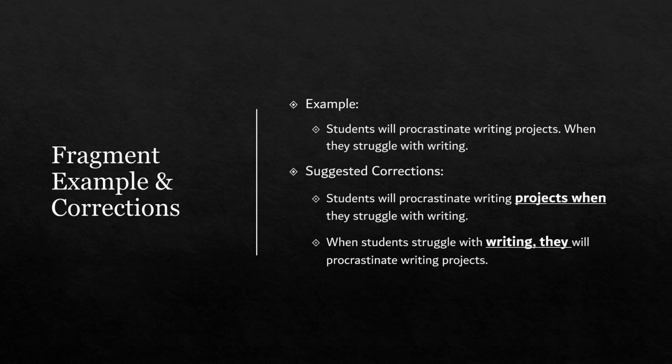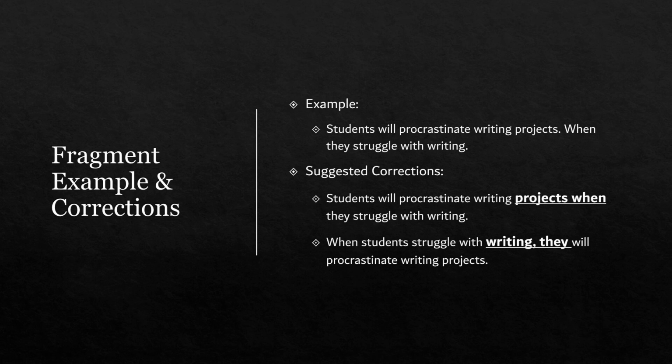The subordinating conjunction when is the culprit here. Subordinating conjunctions create dependent clauses, which are clauses that need an independent clause to be complete. These dependent clause fragments are typically created because students are worried about creating a run-on and so finish the sentence before it has expressed its idea.